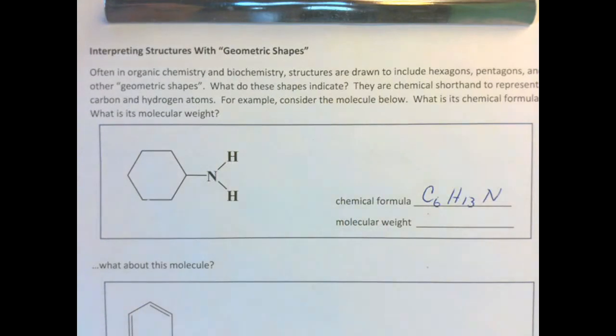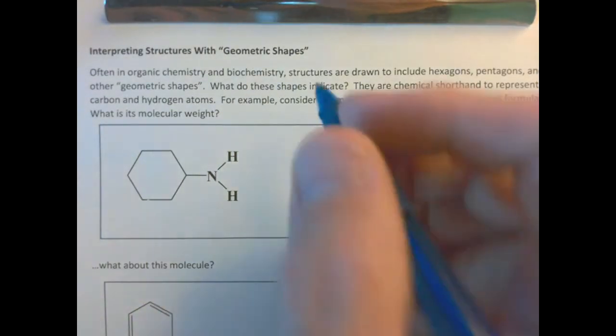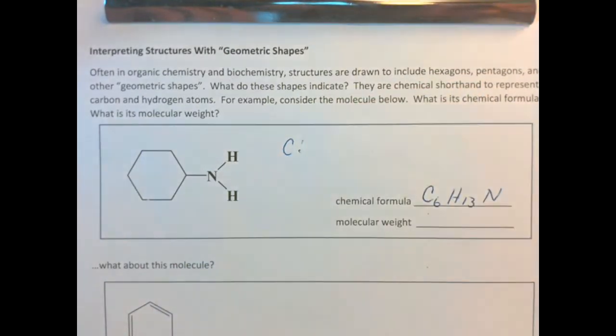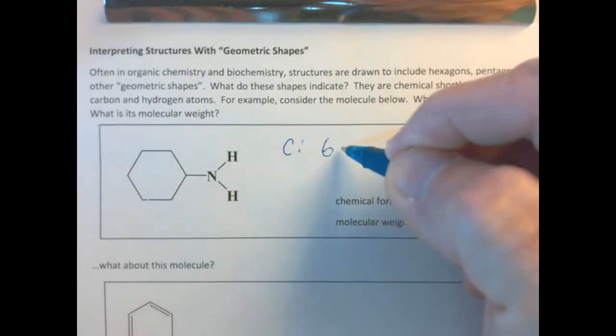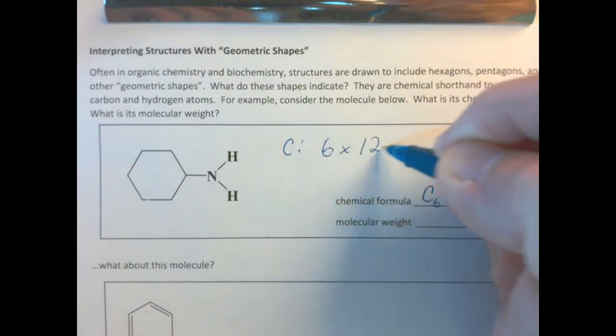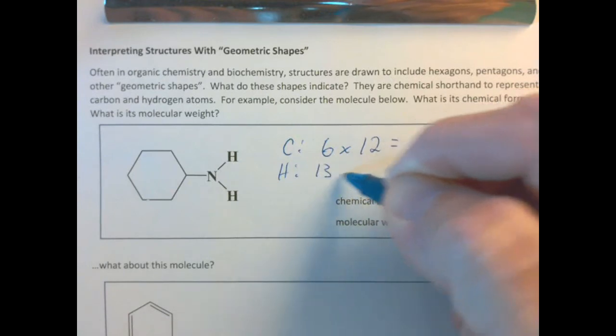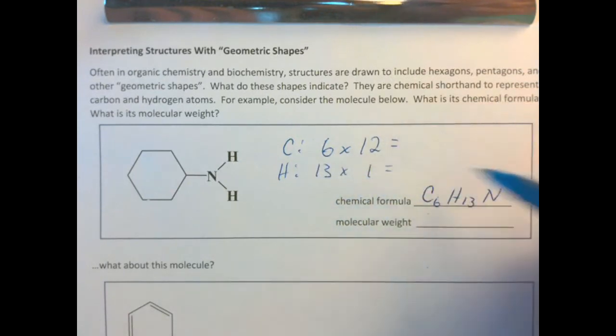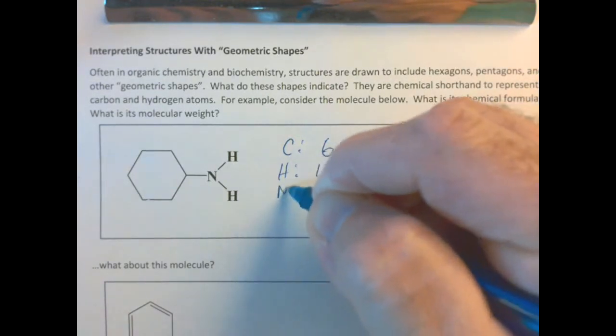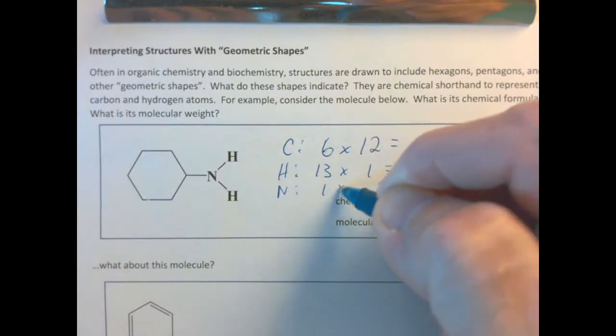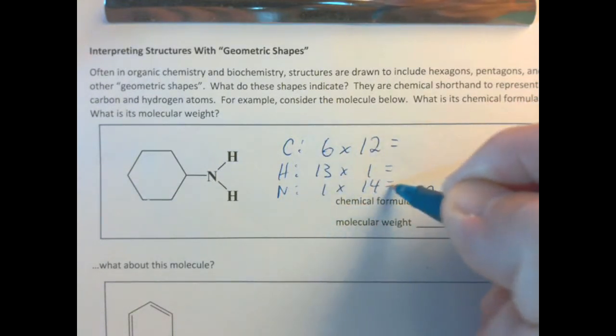If you want to know its weight, all you have to do is multiply. I've got 6 carbon atoms, and they weigh 12 AMU each. I've got some hydrogens. Specifically, I have 13 of them, and they weigh 1 AMU each. I've got a nitrogen. There's 1 of them, and it weighs 14 AMU.